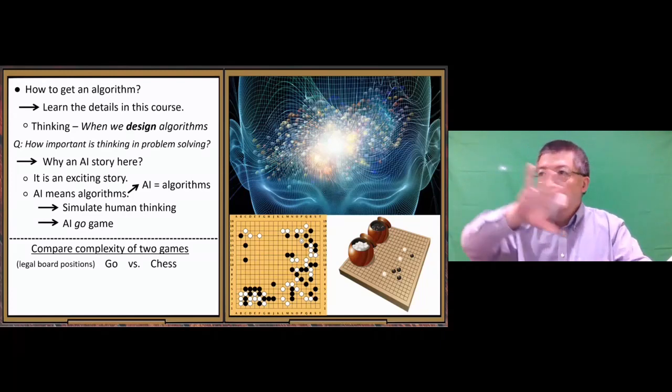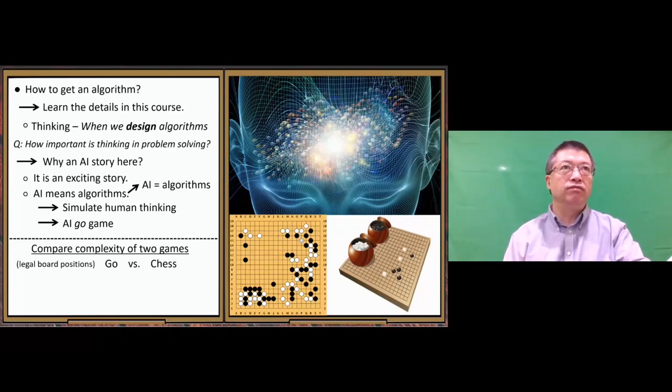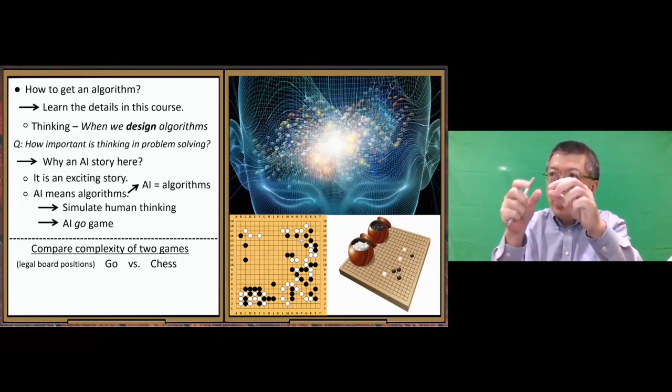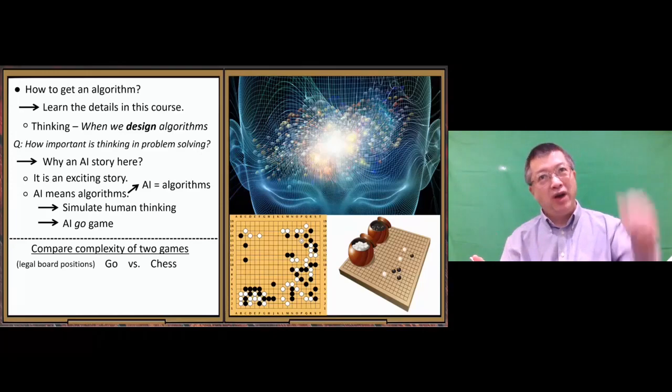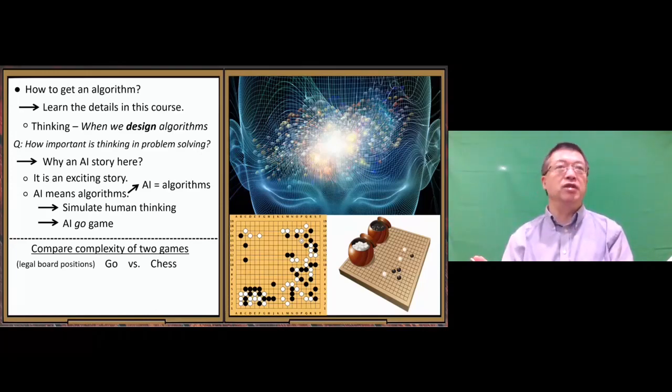So we should exclude them from consideration. For example, in chess, can you place 2 bishops on the same color square? We cannot. One on a black square, another on a white square, right? So there are so many illegal board positions you should exclude from consideration.